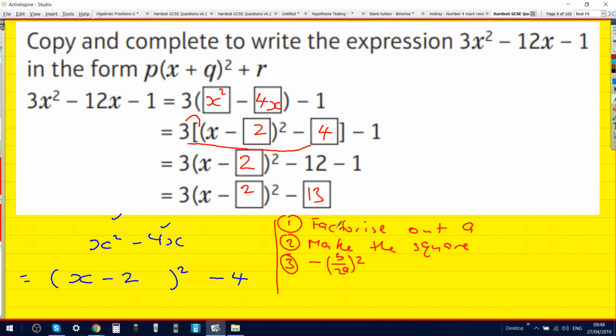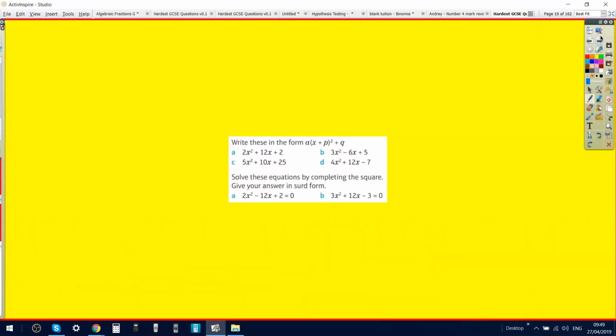So it's this second part, minus that squared, because you'll always get an extra one of those. And then expand the square bracket and then simplify.